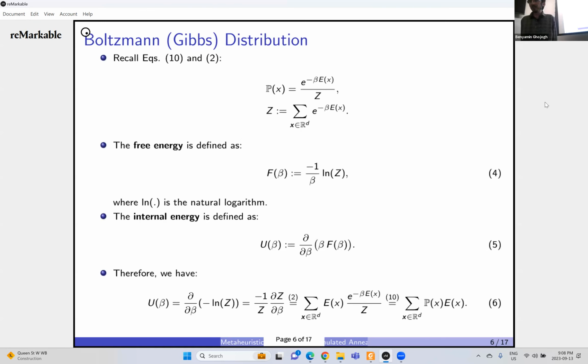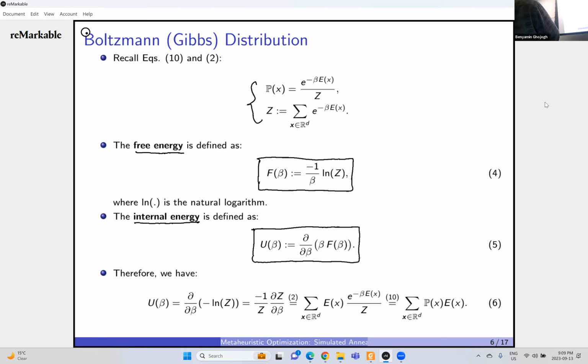Okay. Now recall equations 10 and 2. I have repeated them here. The free energy is defined as this: F of beta is minus 1 over beta, natural logarithm of Z. The internal energy, I'm just defining them, right? This is internal energy: U of beta is the derivative of beta F of beta with respect to beta. Now, I replace this here.